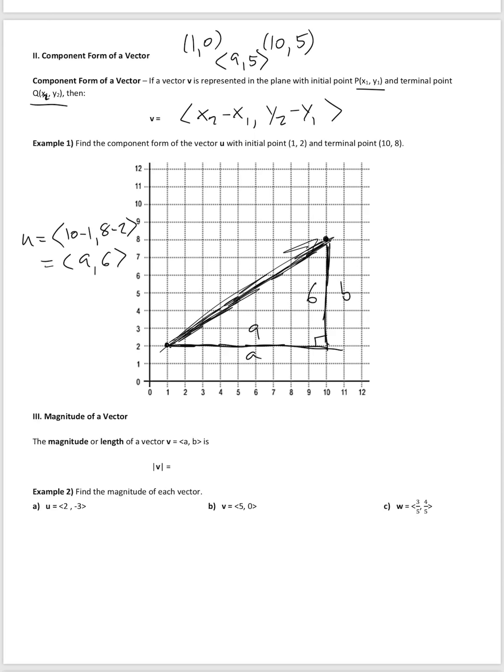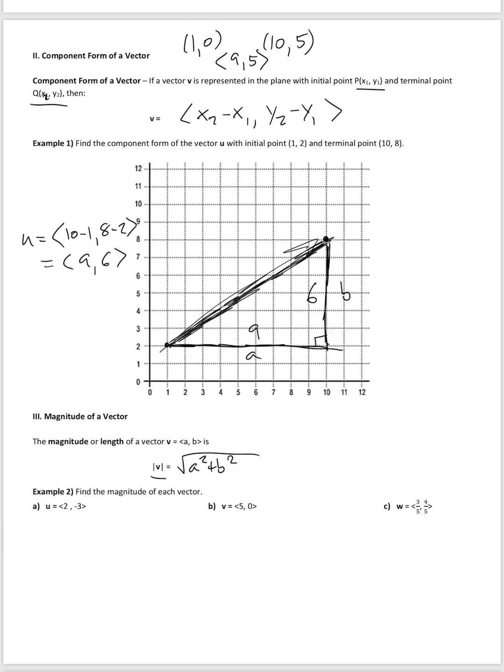So the length of this vector, or the magnitude, well, that's just going to be the Pythagorean theorem. A squared plus b squared equals c squared, or if I take the square root of both sides, that side length, the hypotenuse, is going to be the square root of a squared plus b squared. And we do use these absolute value bars to denote the magnitude or the length of a vector.